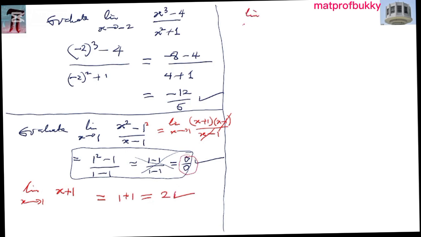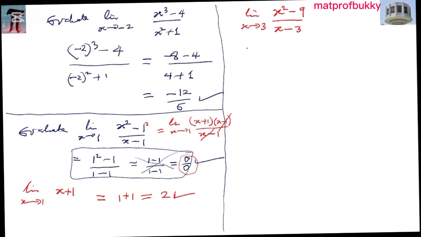Let us evaluate x raised to power 2 minus 9 divided by x minus 3. Direct substitution will also give us a problem, because if you put 3 in the denominator, this function becomes undefined as well. We're going to have a 0 there, and you must always avoid that in mathematics.